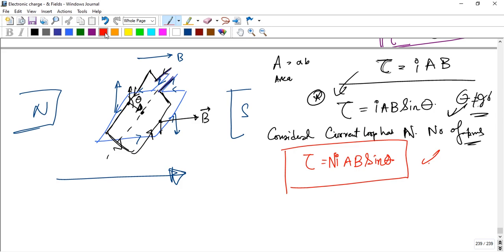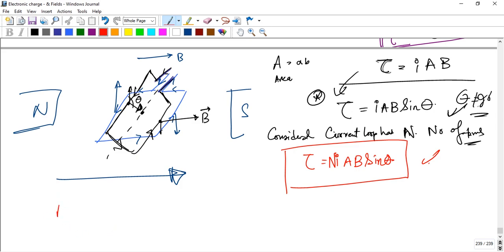To account for the torque on a coil due to the magnetic field, we assign the magnetic dipole moment. If there is a dipole, there is a dipole moment. The magnetic dipole generates a magnetic dipole moment, and that magnetic dipole moment is a vector.